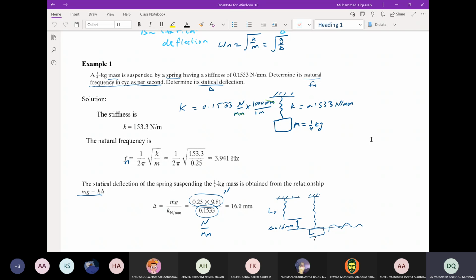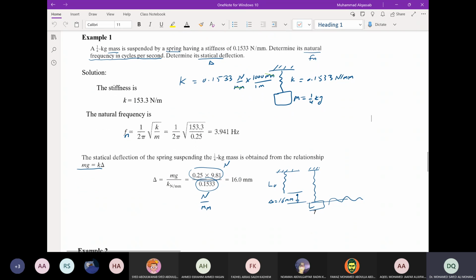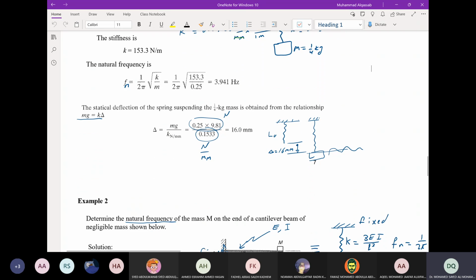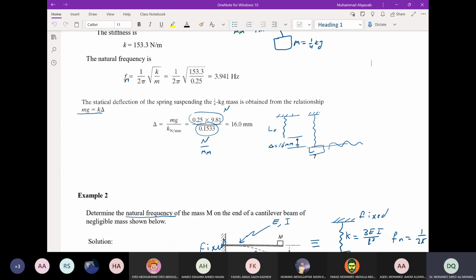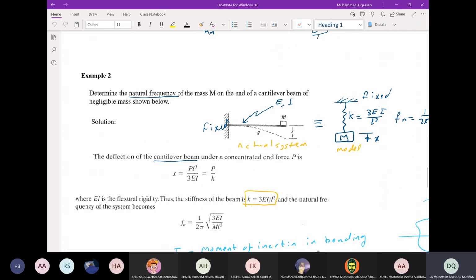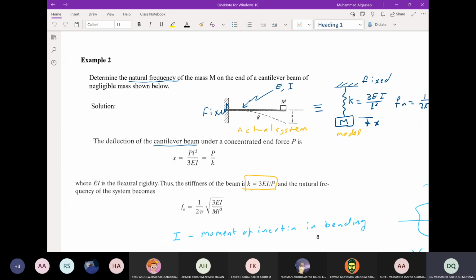So this was an example with m and k given, a spring mass system, and Fn is 1 over 2 pi square root of k over m. The main thing here is that you use consistent units, convert k into Newton per meter. Example 2 is a cantilever beam of negligible mass carrying a mass at the free end, modeled as a spring and mass, where k is 3EI over L cube.